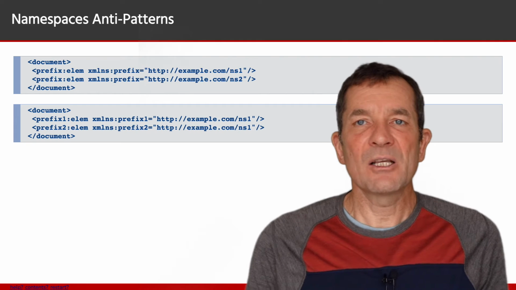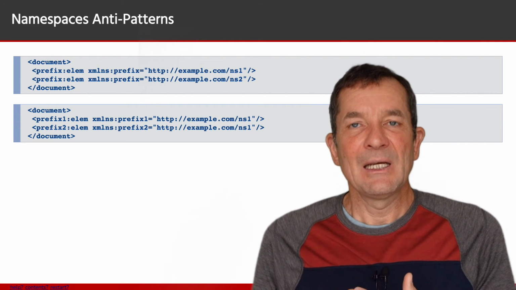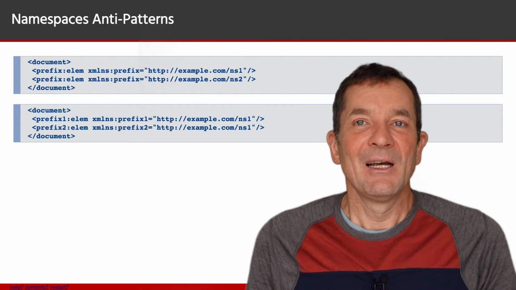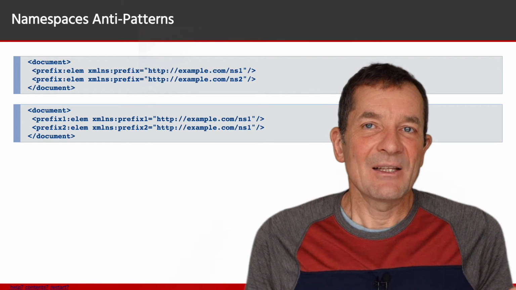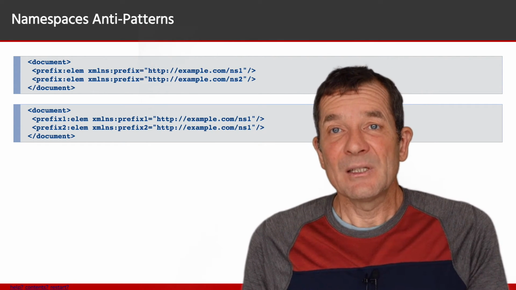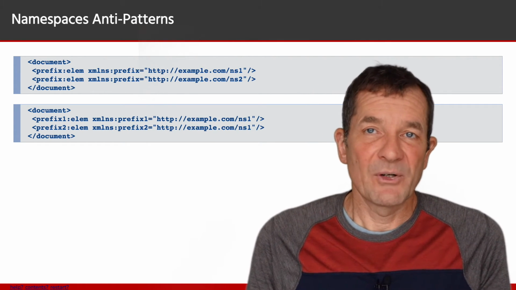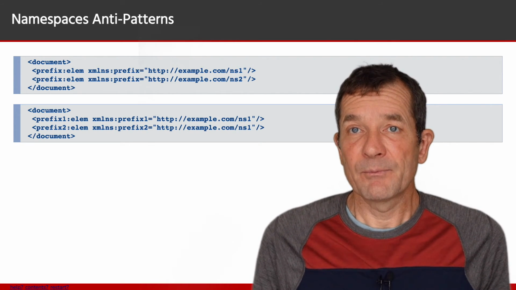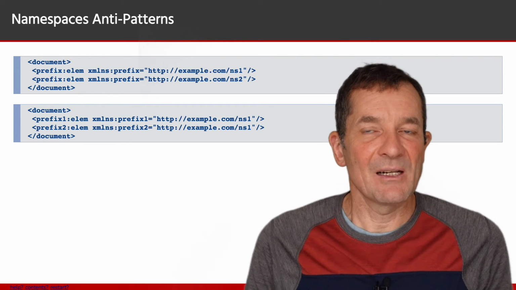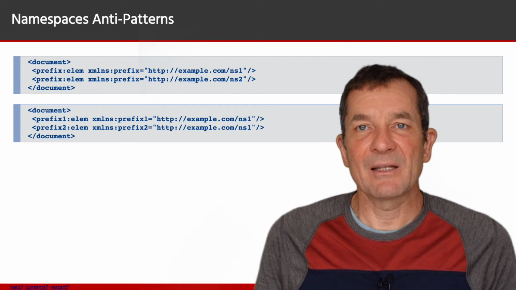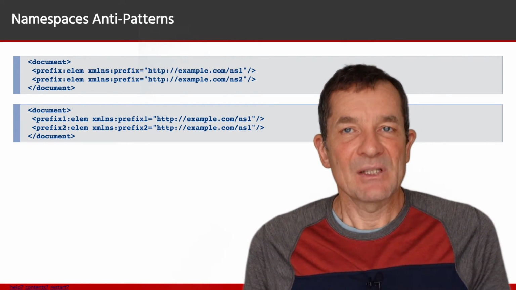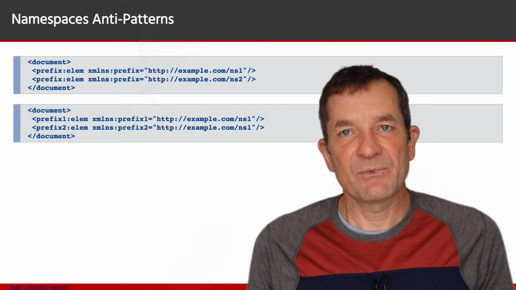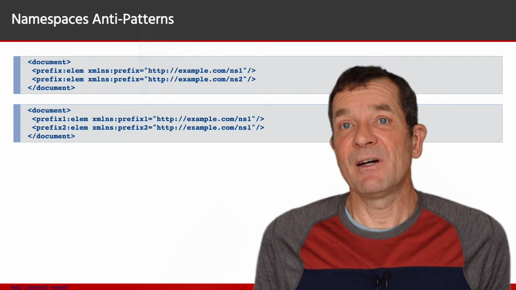The second document kind of turns that around and also does something that's not good, which is that it uses different prefixes, or multiple prefixes, for the same namespace name. That's legal. The first example is legal too. I mean, it's not technically wrong, it's just not helpful. The second example uses different prefixes to identify the same namespace.